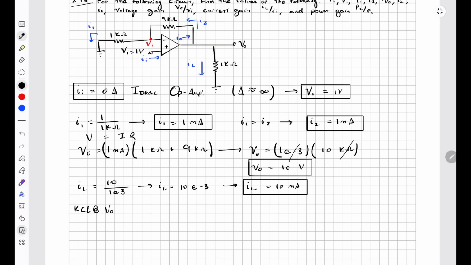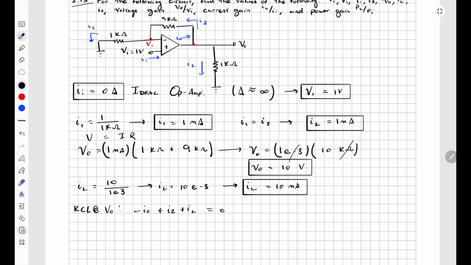How we do KCL is that if the current enters the node, there's a minus sign. If the current leaves the node, there's a positive sign. So I out is entering this node here, so it is minus I out. And both I2 and IL are leaving, so it is positive I2 and positive IL.